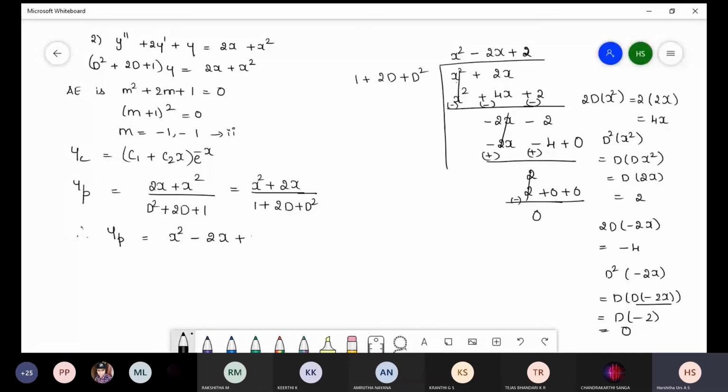Therefore, y is equal to yc plus yp, that is c1 plus c2 x e power minus x plus x square minus 2x plus 2. This is the solution of the second one.